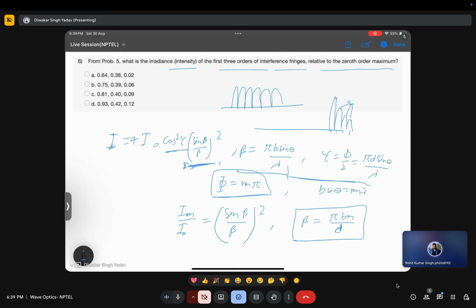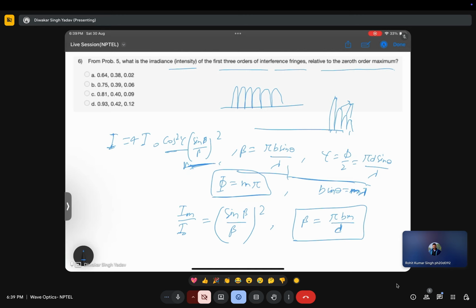This is for minima due to the single slit, right? We cannot put it here. So first three orders.